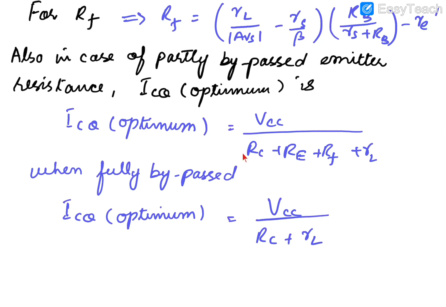So you can see that, also with RC and small rl, we have included the value of RE plus RF to find the optimum value of collector current. When the emitter is fully bypassed, the ICQ optimum will be equal to VCC divided by RC plus small rl.